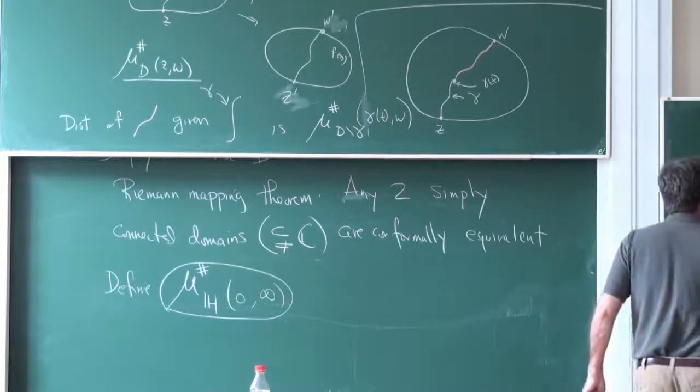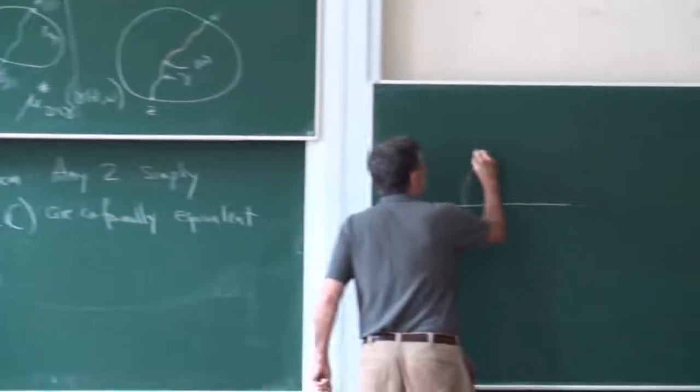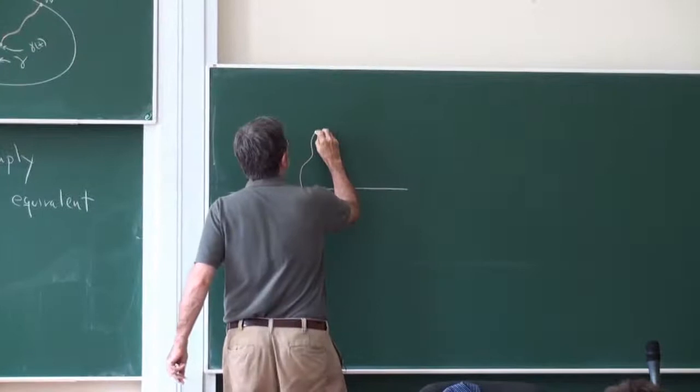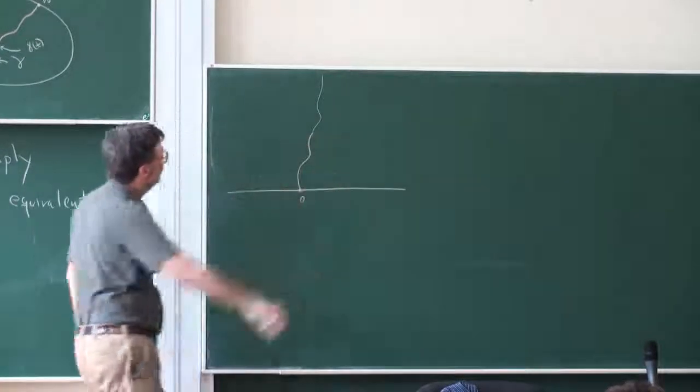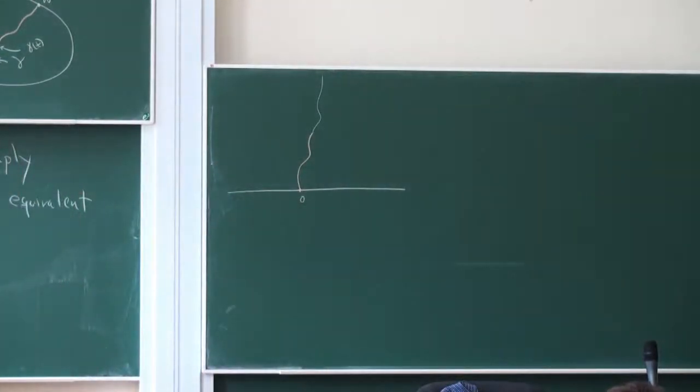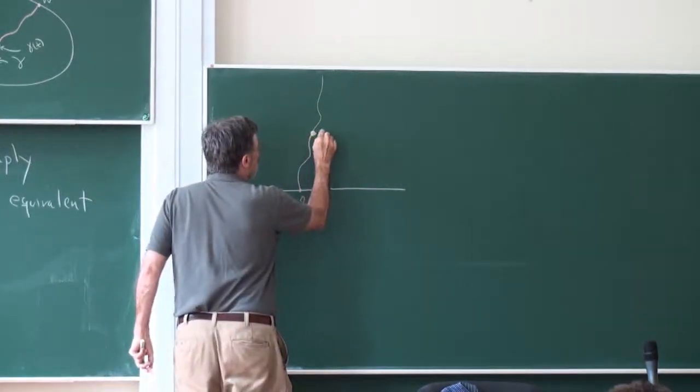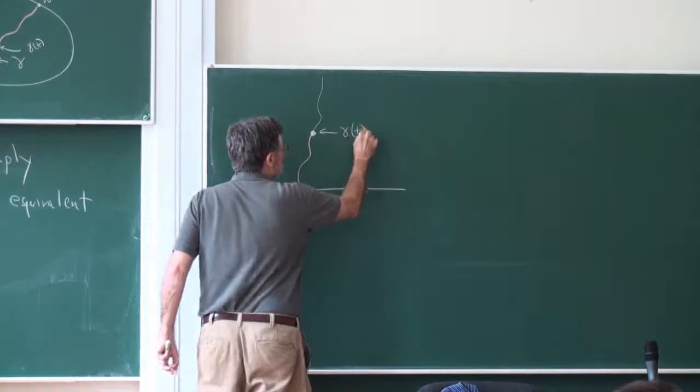So let me draw. There's 0. I won't draw infinity. And here's a curve. That's going to be the start of it. It'll keep on going, but let me just use a different color for the continuation. Let me call this time gamma t.